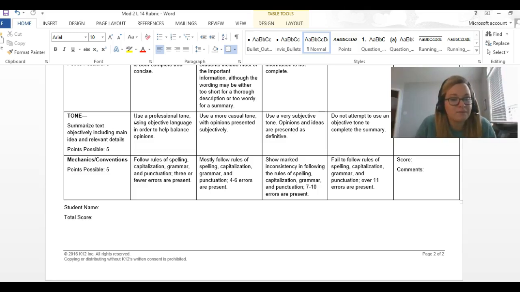This is professional. But also the way that you use objective language and keep your opinions in check, okay? You want to balance your opinions, okay? So this is super important, all right? You may or may not like The Secret Garden, okay? And you can definitely share that, but you don't want to bash the book, okay?